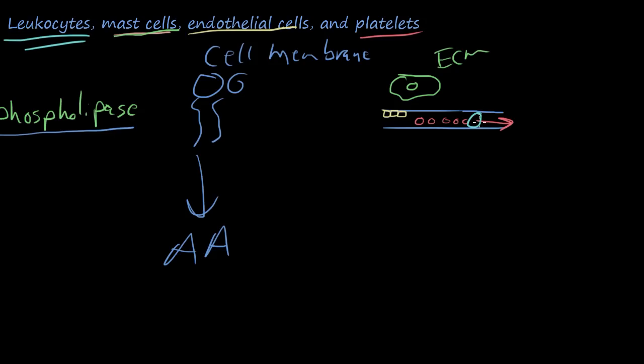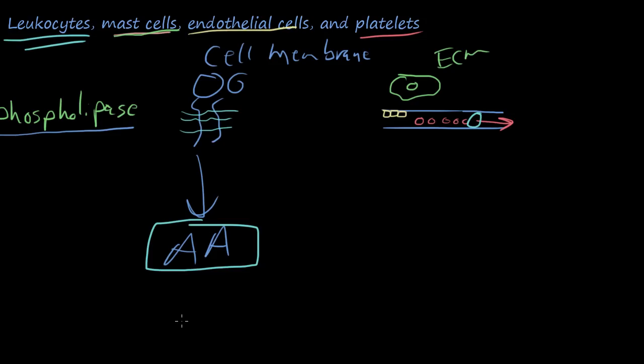They're not as wide as the blood vessel, but they're a lot bigger than the platelets. So those are the cells that are responsible for producing these arachidonic acid metabolites. And the phospholipase is the enzyme that starts chewing up these phospholipid tails and breaking them down into arachidonic acid.